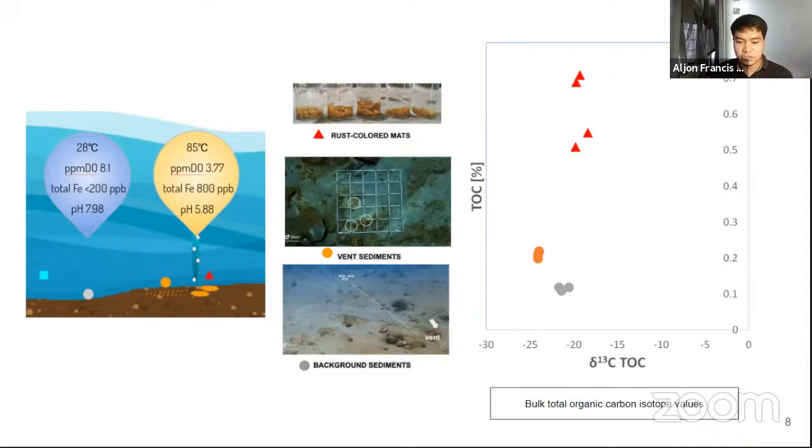This plot on the right shows differentiated reservoirs of organic carbon. Sediments from the vent displayed in orange are unique from the background displayed in gray. Mats, oftentimes an example of accumulation of microbial biomass, were also discovered right next to the hot fluids. And these mats also have a unique bulk organic carbon signature shown in red.